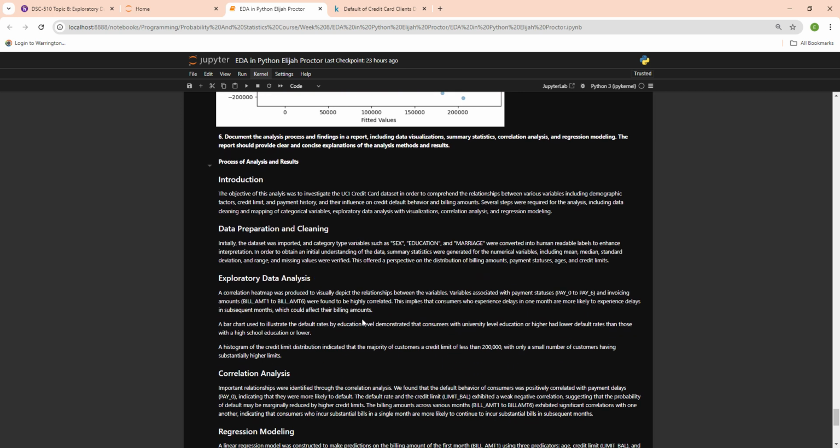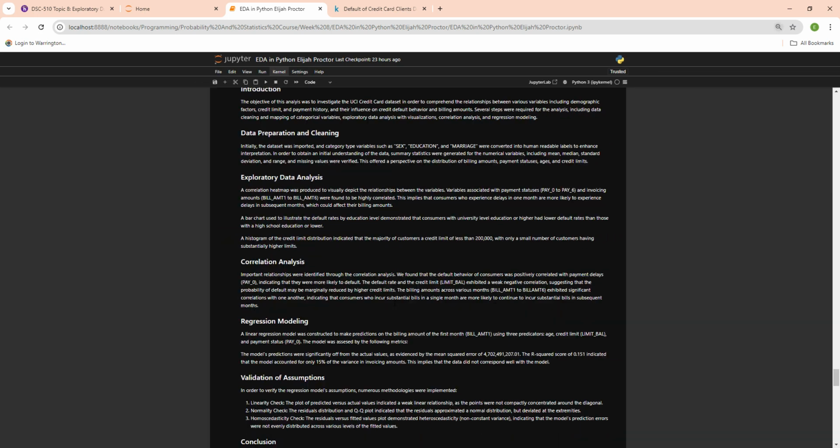So with all of that, let's talk about the process of analysis and our results from our EDA. Let's zoom out a little bit. In this analysis, we examined a credit card data set and tried to explore the relationships between various factors such as our age, credit limit, and payment history, and evaluate their impact on billing amounts and credit card default behavior.